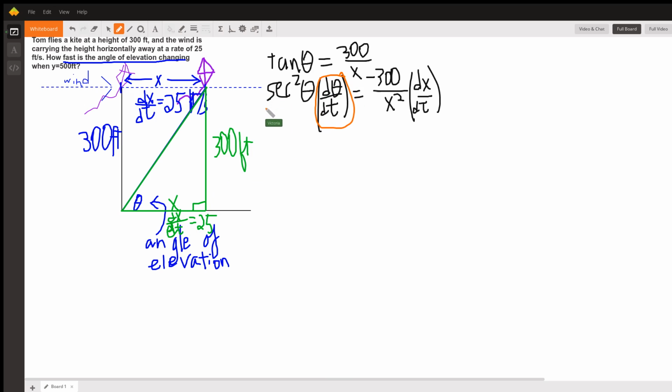So I think it would be helpful to rewrite the secant squared as 1 over the cosine squared. And now I could multiply both sides by cosine squared and have d theta/dt all by itself.